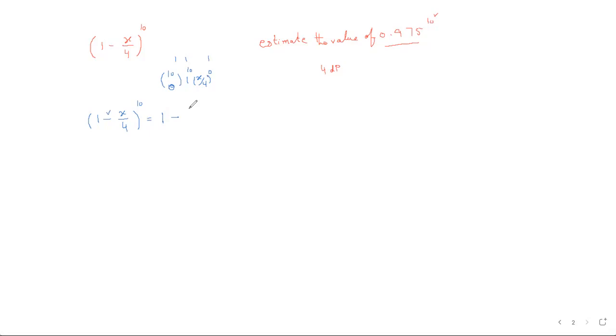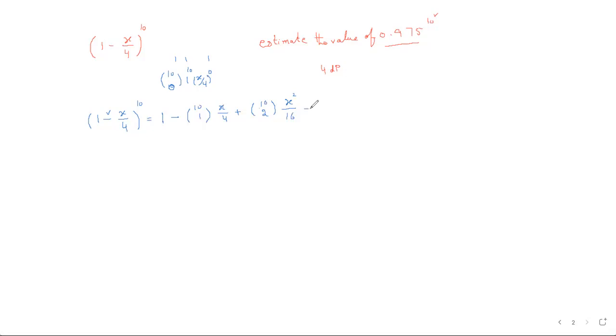Now the next term will be, for example, 10 times 1, and here 1 will be 1, of course, any power of 1 will be 1, then x divided by 4 to the power 1. The next term will be a plus term, because this negative term is going to have a square, meaning x squared divided by 16.